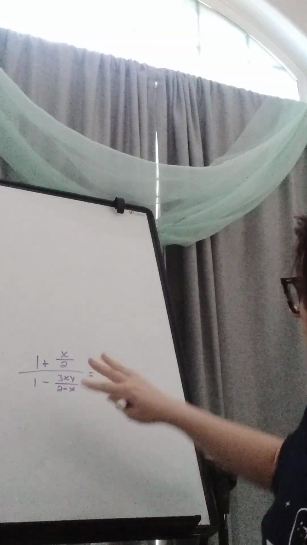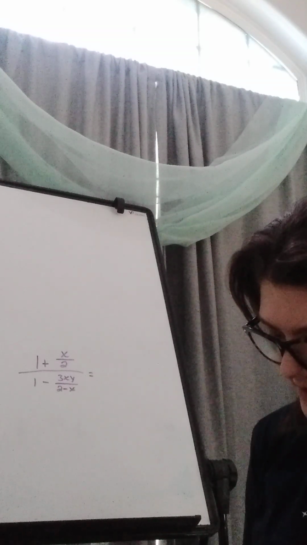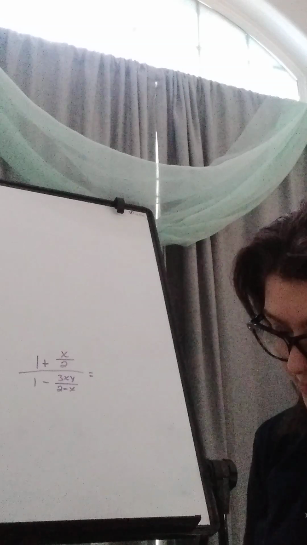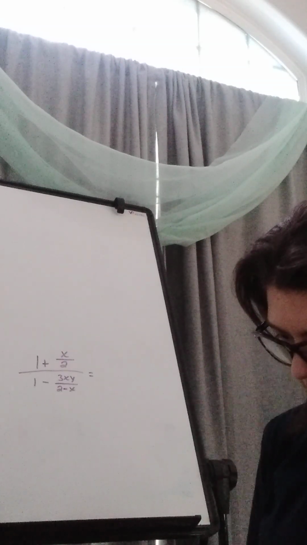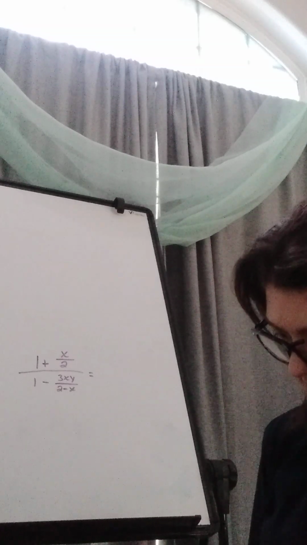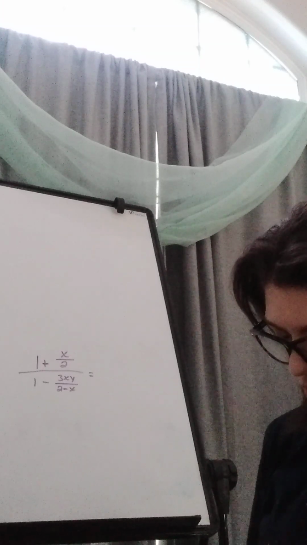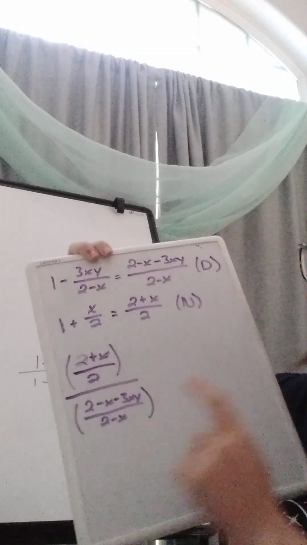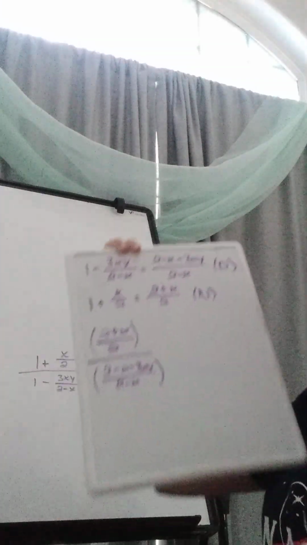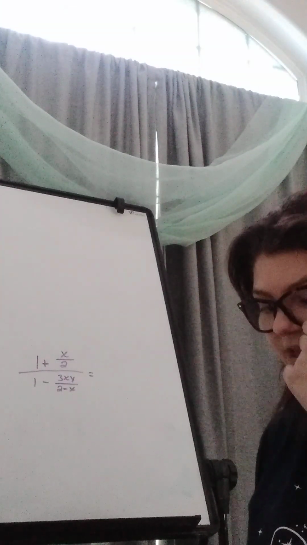So now if I put back into this form, I have 2 plus x over 2, and I'm putting parentheses around it, over, in parentheses, 2 minus x minus 3xy over 2 minus x. So this is the exact same thing as this here, this whole thing. We just did a little bit of simplification to make things easier.